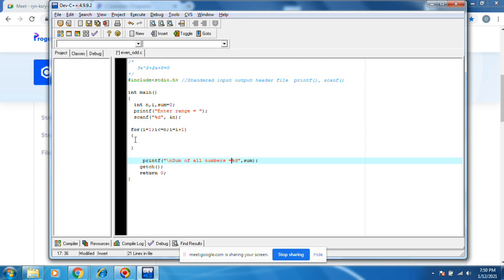Sum equals sum plus I. In this case, at first the sum value is 0. Sum equals 0 plus 1, which means 1. The sum value will be 1.